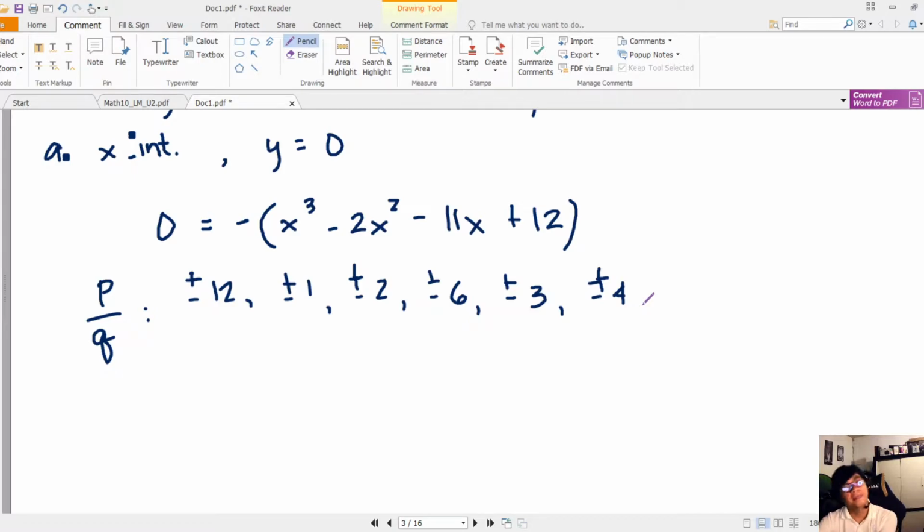Meron pa ba? Wala na. So, the factors of q, which is the leading coefficient here, is 1.